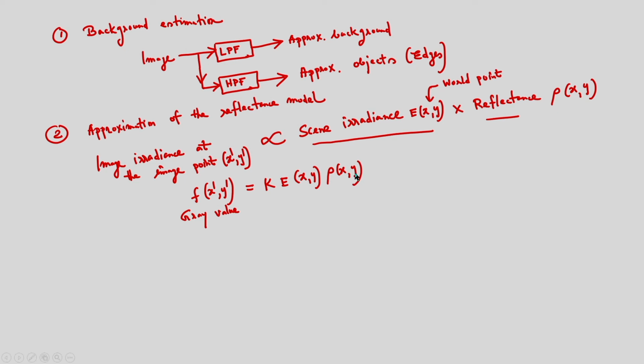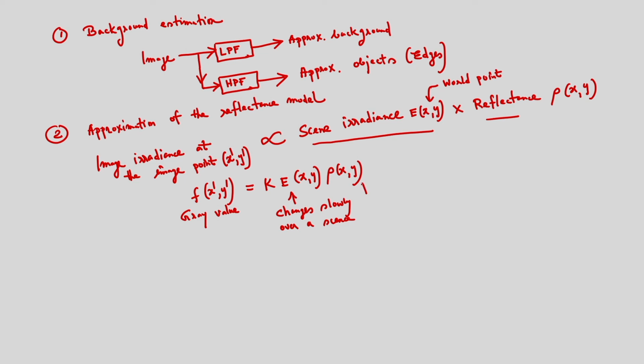Now, as I already discussed in homomorphic filtering, this component E changes very slowly over a scene. That is, the irradiance changes slowly over a scene.